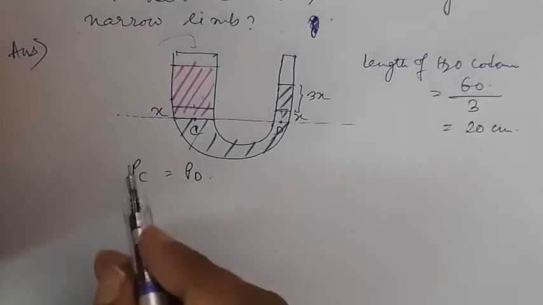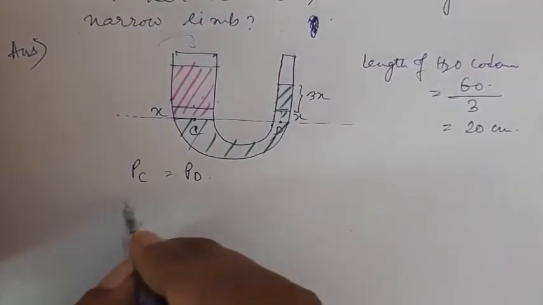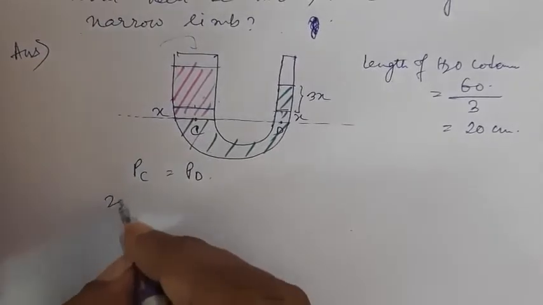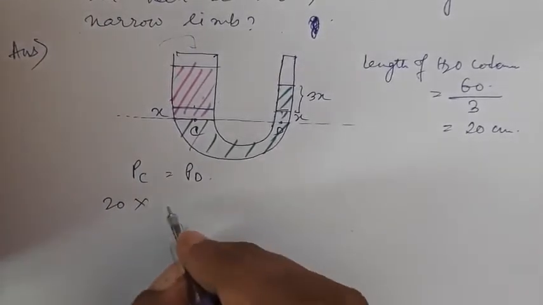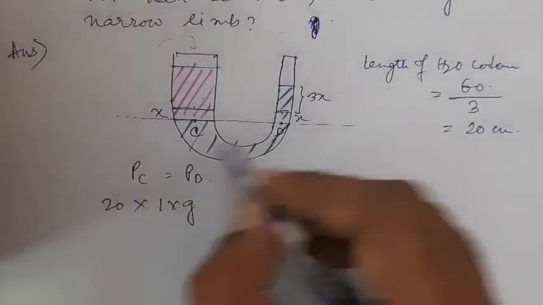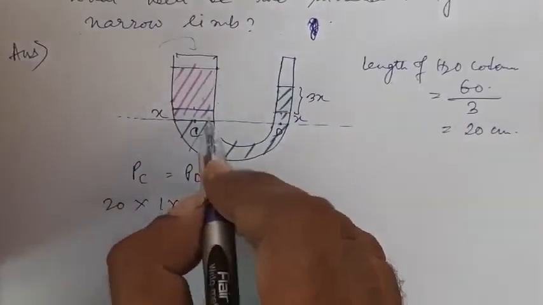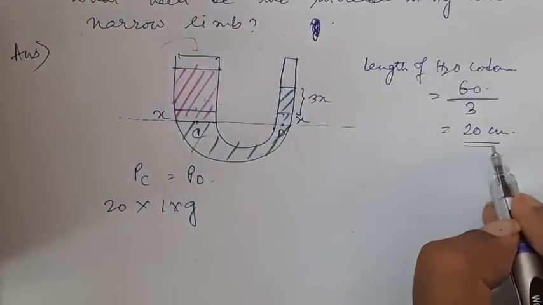So PC is equal to PD means the height of the water column was 20 into 1 into G, because the height of the water column was from this to this point. This length we have found out already to be 20.